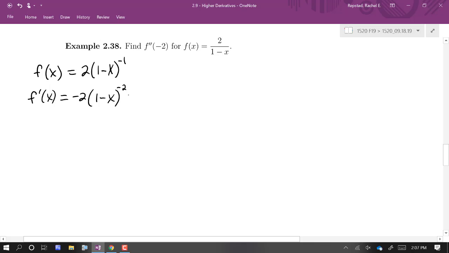Are we done? Say that again. Times -1. You have to take the chain rule. Yeah, chain rule. So I can simplify this before we keep going, right? -2 times -1 is a +2.